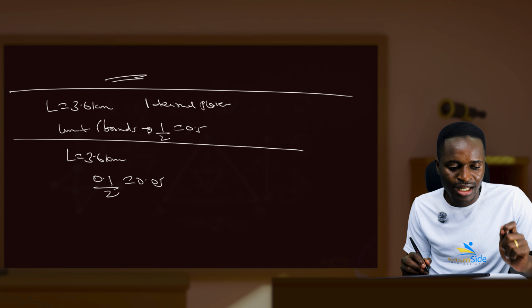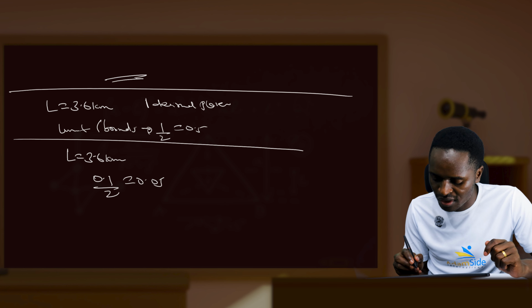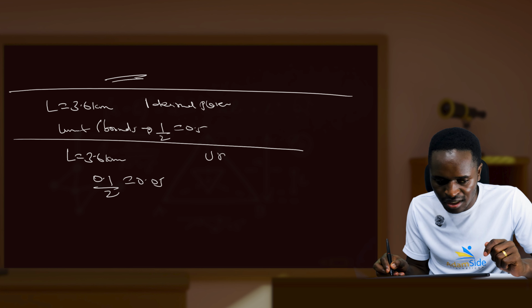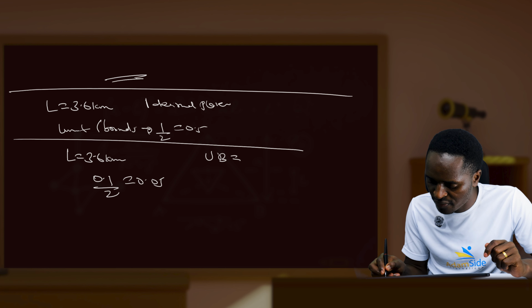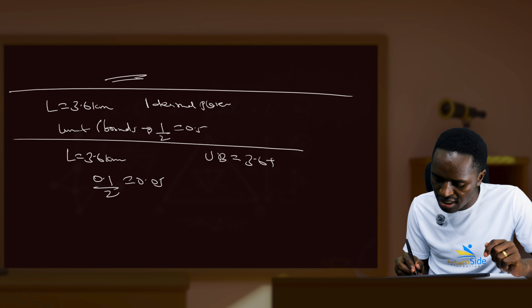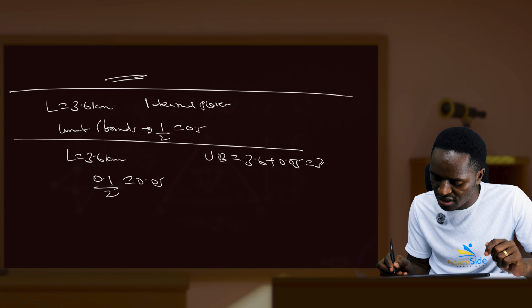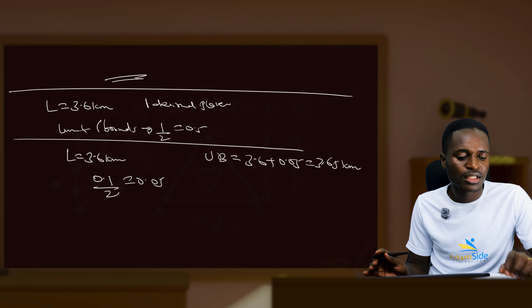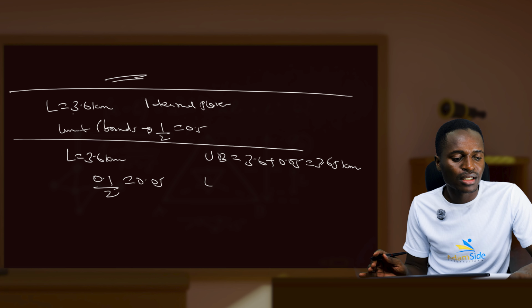To get the lower bound, you take the actual number minus 0.05. So the upper bound is equal to 3.6 plus 0.05, which is 3.65 kilometers, and the lower bound is equal to 3.6 minus 0.05, which will be 3.55 kilometers, correct? That's what you do generally.